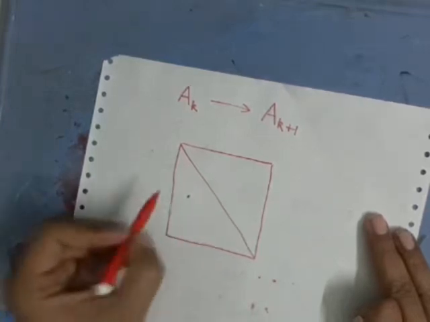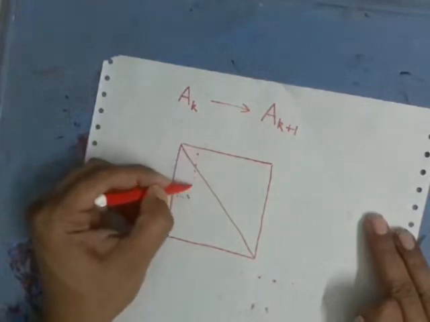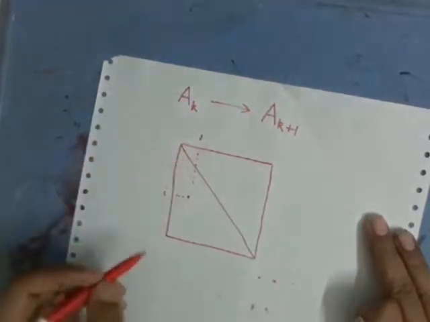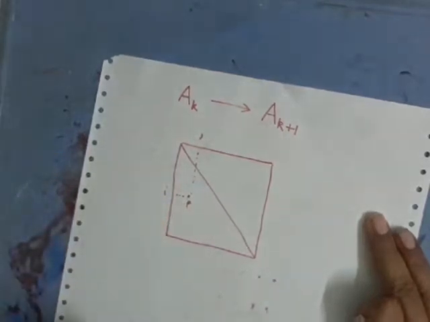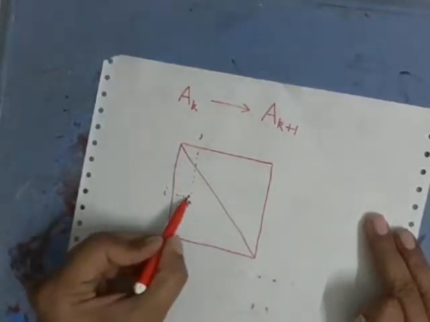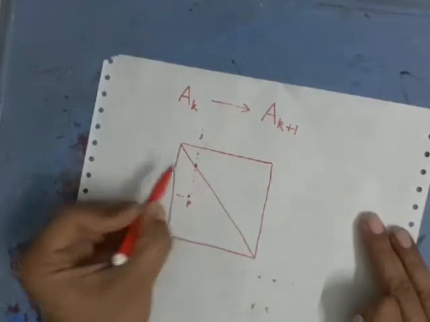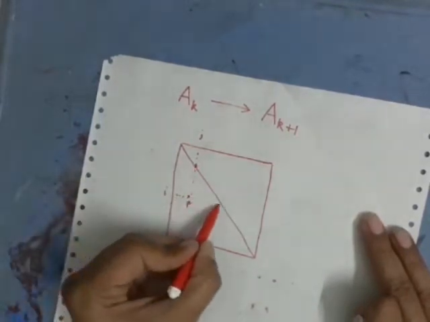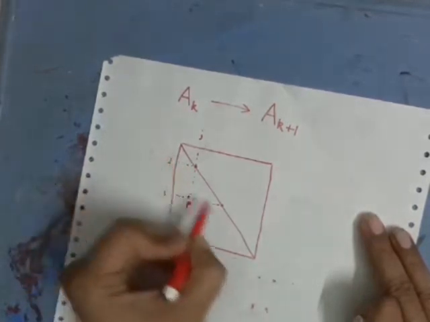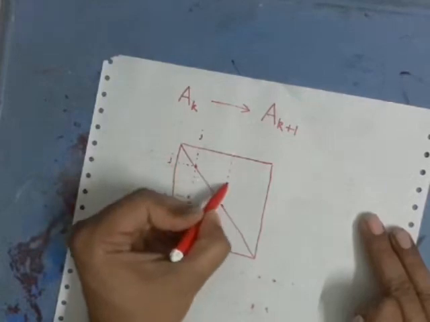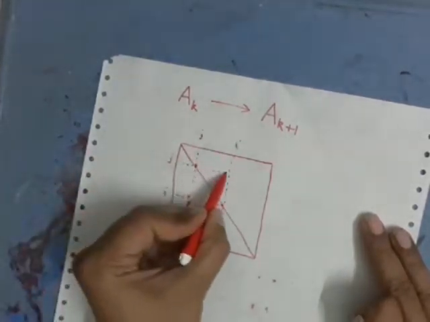Suppose that happens to be in row i and column j, and let that particular entry be P. Once you get that, you look at the 2 by 2 submatrix consisting of the ij-th entry, the jj-th entry, the ii-th entry, and the ji-th entry.